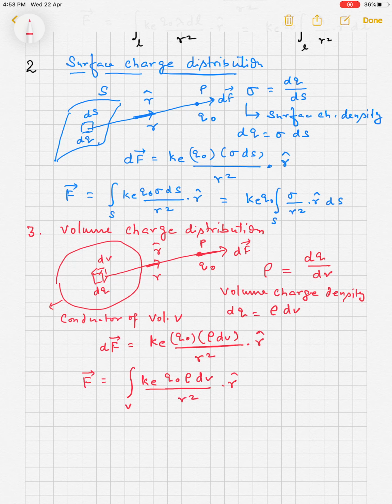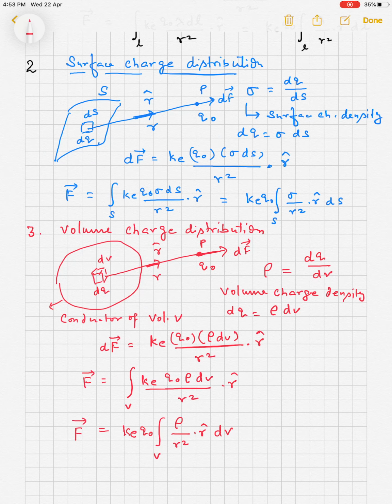Taking the constants outside, similarly as we have done in earlier cases, Ke into Q naught integration over the entire volume V, we have only this rho upon r square into r unit vector dV.